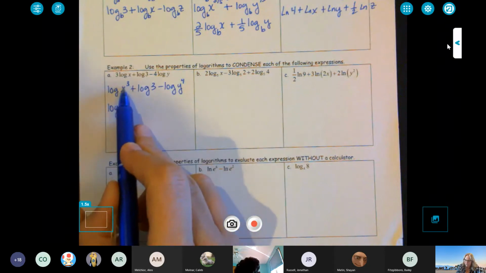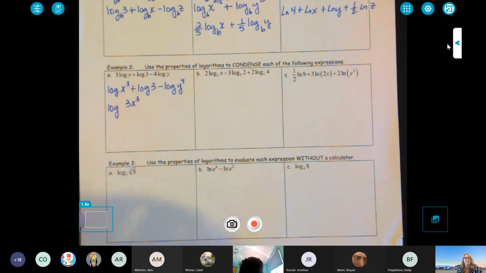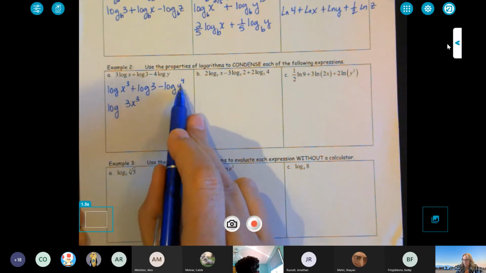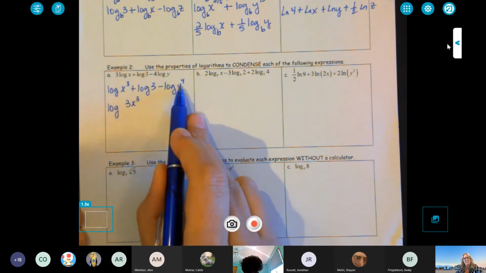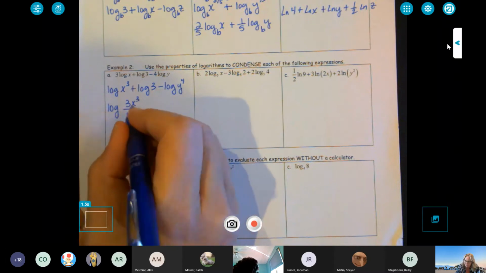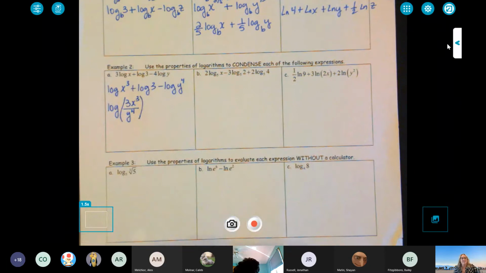So the product of this and the product of this, which is 3x cubed. And then if we subtract a log, that's equal to the log of a quotient, with this being the denominator. So we can just put that here. And again, I like to put parentheses. That is completely condensed.